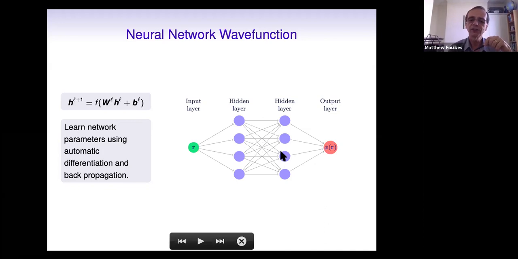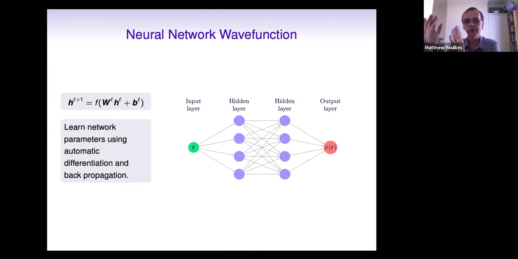And what all these crossing arrows mean is actually a matrix multiplication. So you take the outputs of the first layer, you multiply by a matrix, and that gets you the inputs of the second layer. The layers don't have to have the same number of nodes in. The matrices don't have to be square. And so what we've got so far is a sequence of linear transformations. But the output was then the wave function.